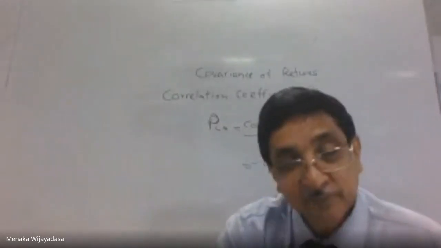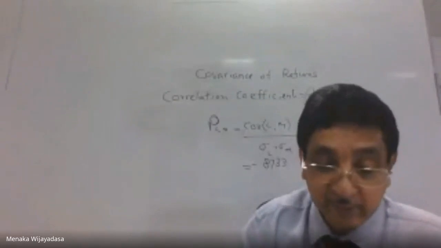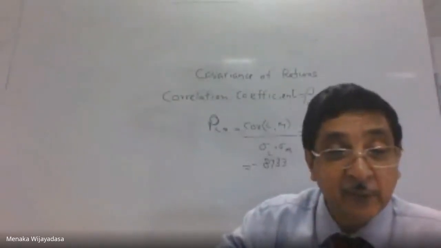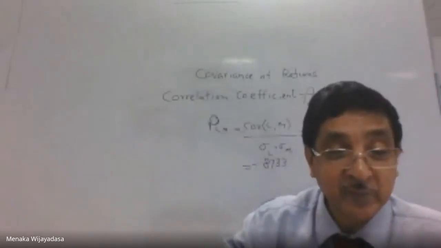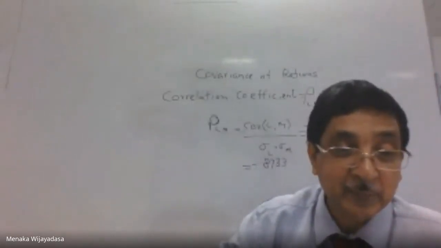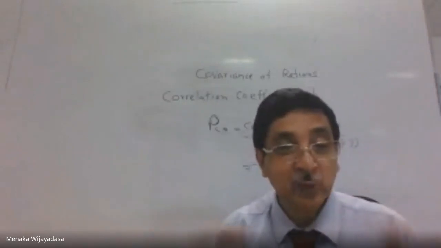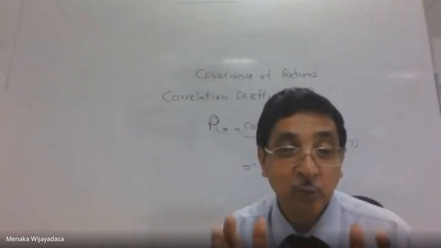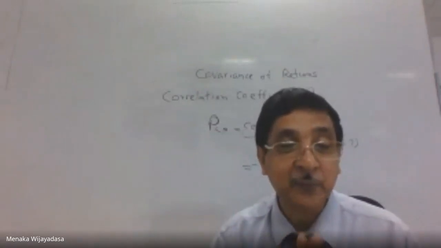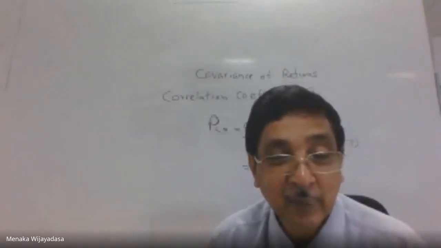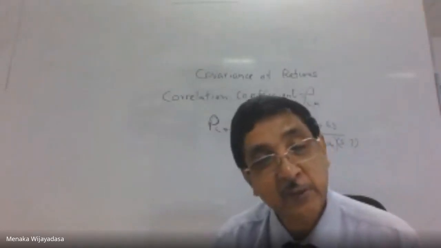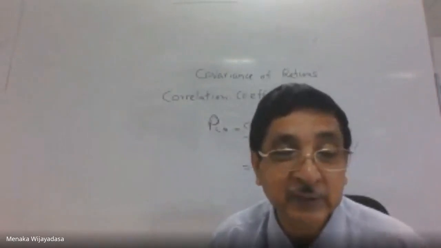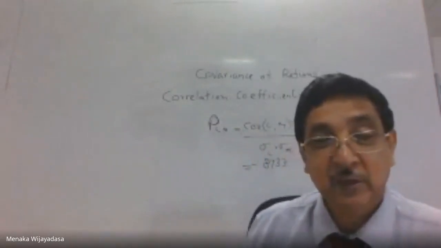For example, if you find there are two assets with a negative correlation coefficient, the meaning is, if you add these two assets, the total risk would be lower than the normal addition of the risks of these two assets. That is why we do this type of adding up assets, and we call it diversification.